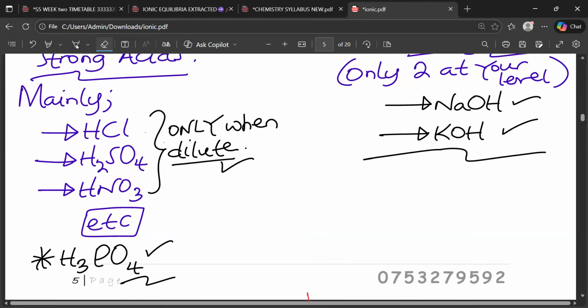Let me repeat once. An acid like sulfuric acid, the moment it becomes concentrated, it ceases to be a strong acid. It behaves as a weak one. You see that in organic chemistry and alcohols and phenols. So you can also visit the drive and see what exactly I mean.